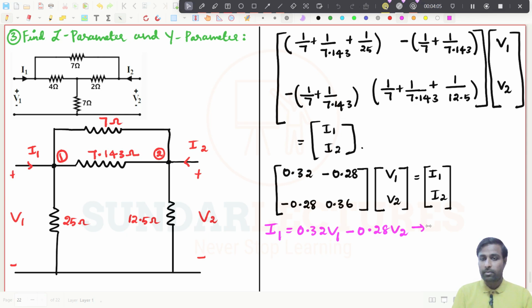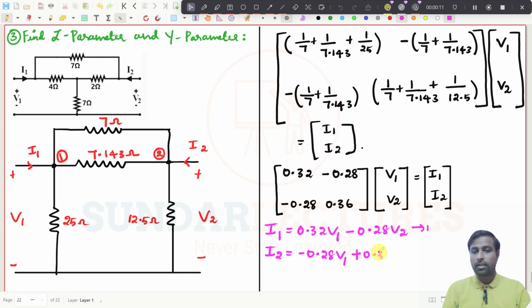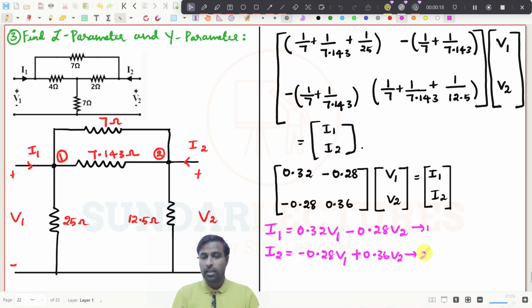This will be expression number 1, right? And if you are going for I2, then what will be I2? It will be minus 0.28 V1 and then plus 0.36 V2, and this will be equation number 2.